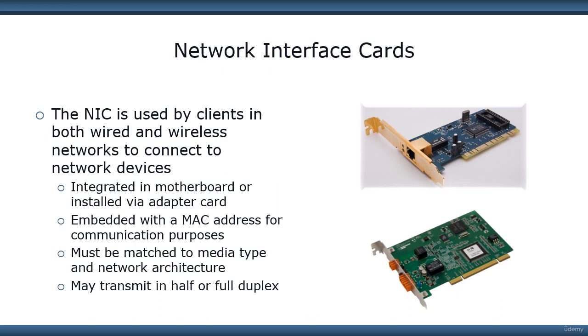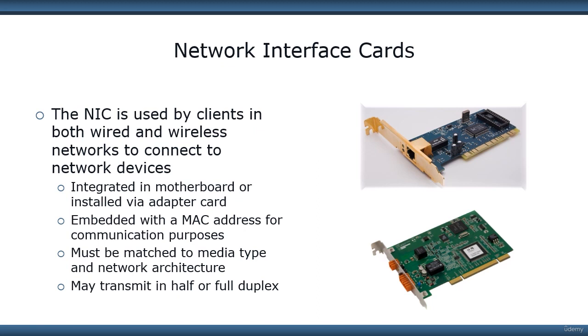The NICs have a MAC address embedded on them, on a flash ROM chip, and it serves for communication purposes. The NIC has to be matched to the media type and to the network architecture as well, so the cable type, Ethernet architecture, etc.